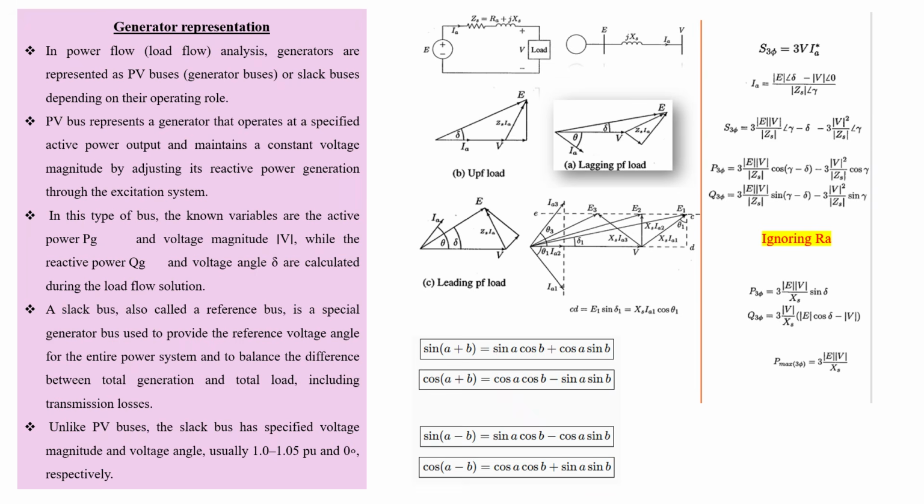In this session, we'll focus on power system component modeling for a power flow analysis. Mainly we'll focus on generator modeling as well as transformer modeling. When we talk about power system component modeling, we represent the power system component by equivalent electrical parameters.